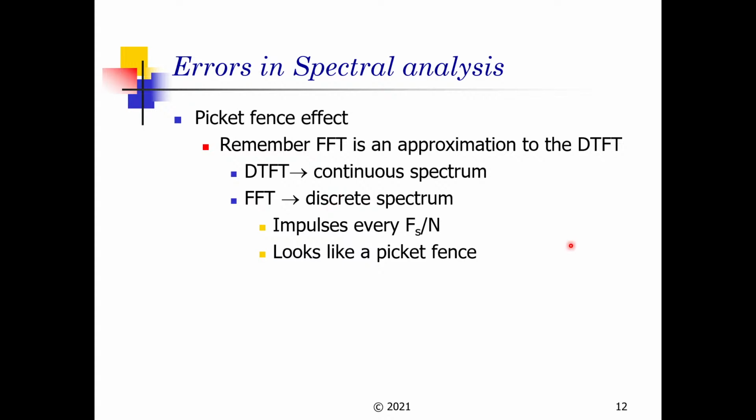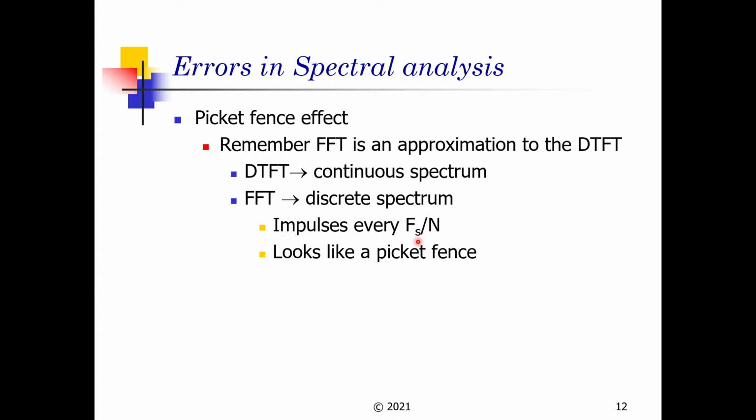Because the FFT is an approximation to the DTFT, the more samples you have, the closer you get to what the actual DTFT continuous spectrum looks like. The trade-off is that more samples require more memory, so you have to balance that accordingly when making your hardware decisions.